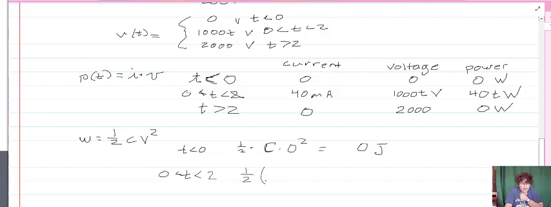And our voltage was 1000 t, and that'll be squared.